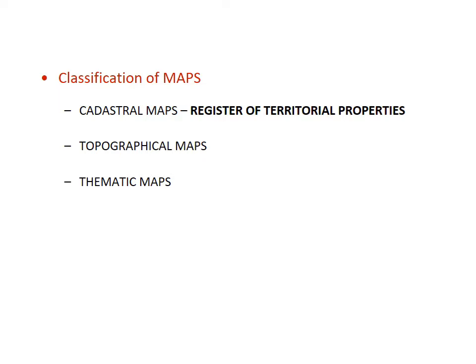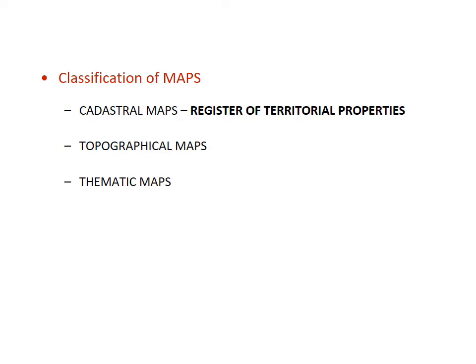Maps can be classified as cadastral maps, topographical maps, and thematic maps. The word cadastral is derived from the French word cadastre, meaning register of territorial properties. A cadastral map is a map that shows the boundaries and the ownership of the land, whereas topographical maps are called contour maps, topo maps, or topo sheets.